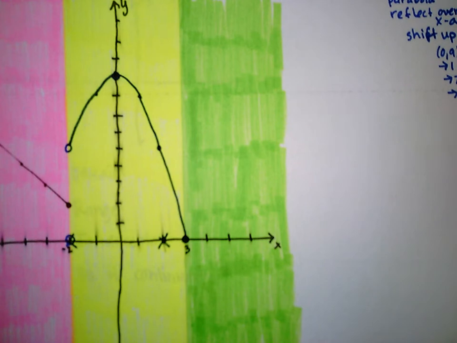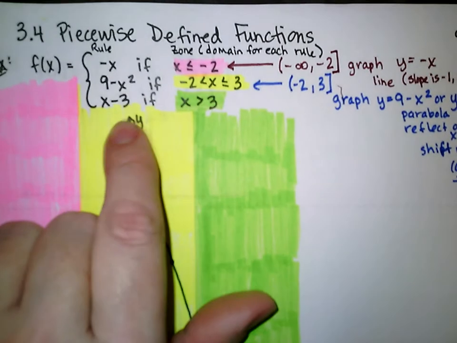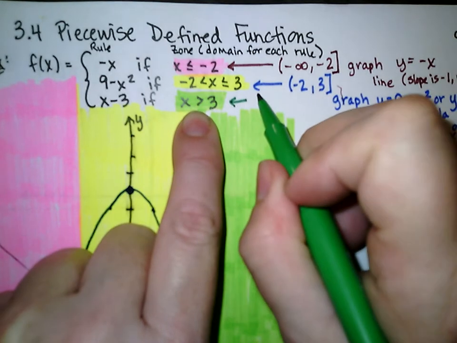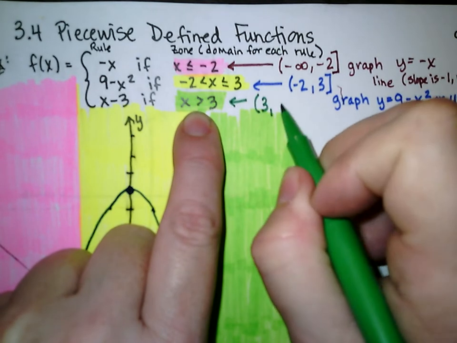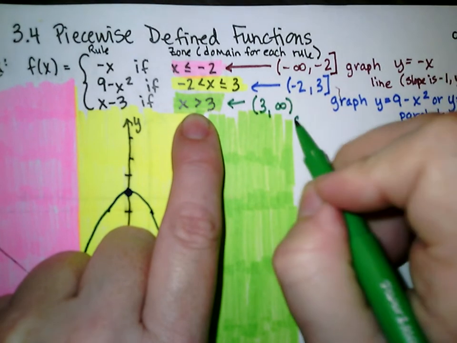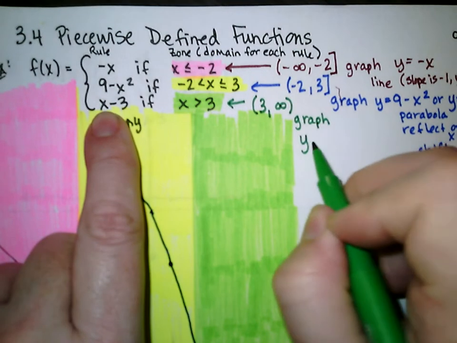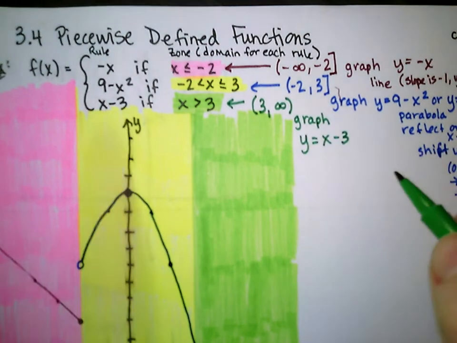And then I go to my green zone, and this green zone starts at 3 with an open boundary and goes to infinity. And on that zone, I'm going to graph the rule y equals x minus 3.